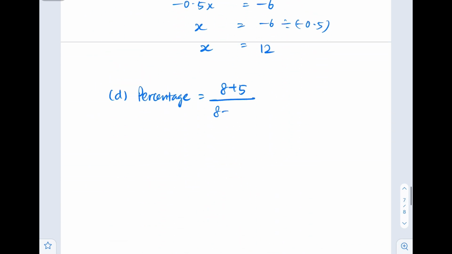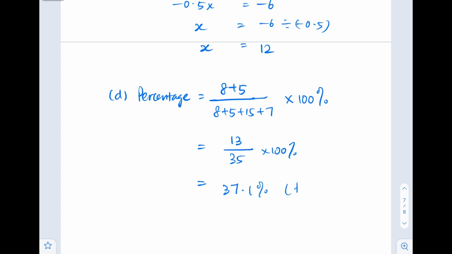I want to convert this into a percentage, so I can work out my answer with a calculator. 13 divided by 35, and then you multiply it by 100%. You get 37.1% corrected to 3SF.